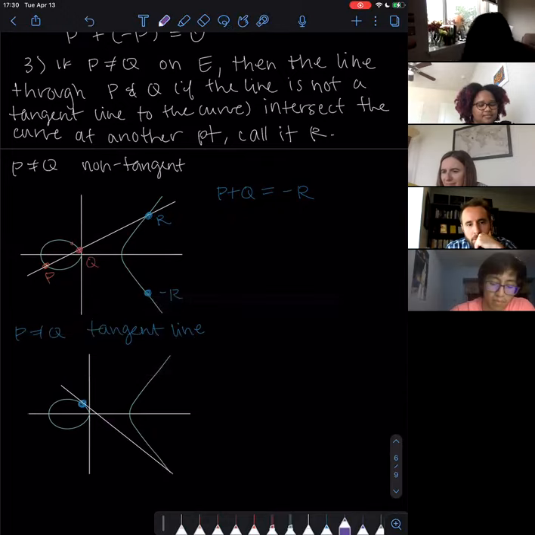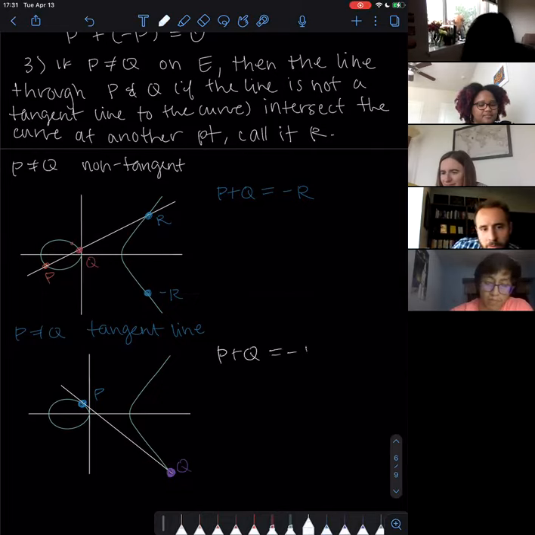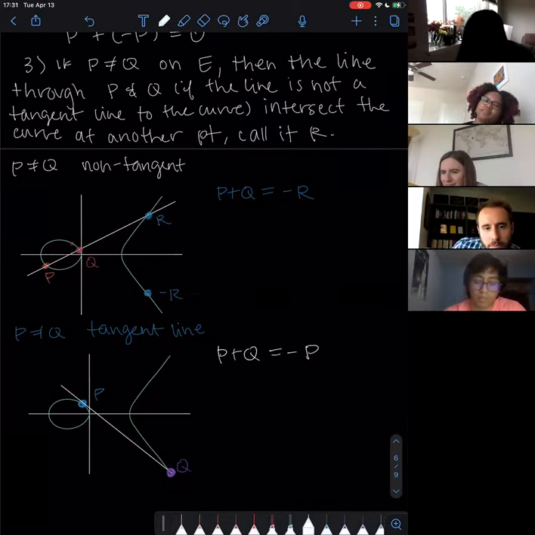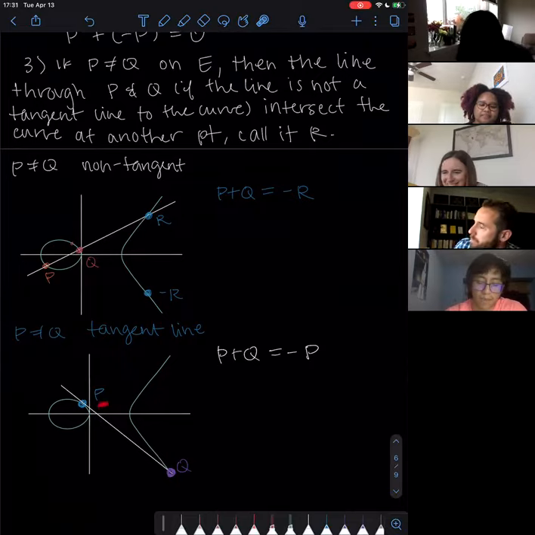It'll intersect the curve at exactly one other point. And here we'll define, so if I name this P and I name this Q, we'll define P plus Q to equal negative P. So this one's kind of weird, right? So we chose the point that the line was tangent to the curve at that point. So it has to be this point here.